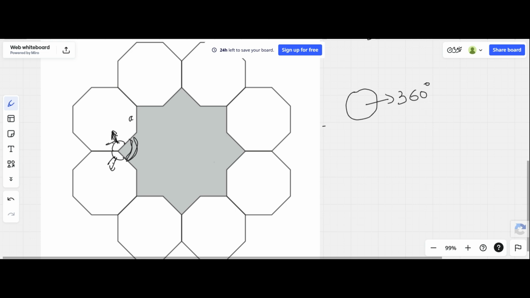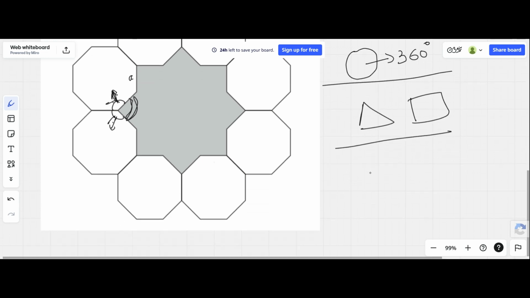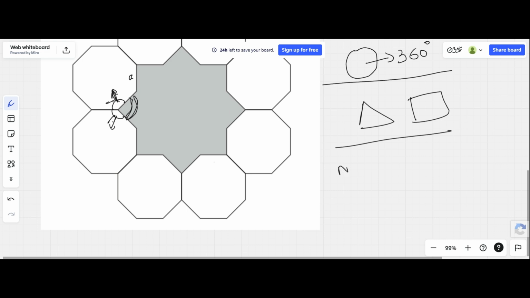Now that is the question. If they give any shape, for example triangle, square, pentagon or octagon, to find the interior angle, what you have to do is, number of sides minus 2, into 180.